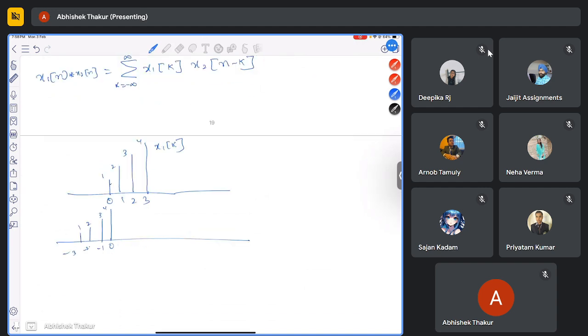Now we will find the overlapping area. These two are overlapping.